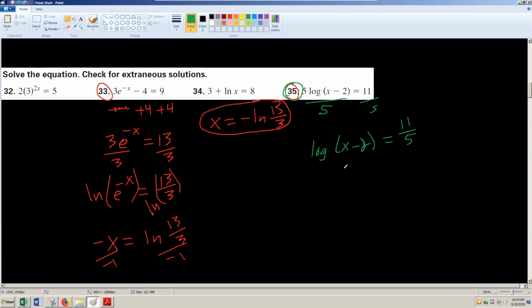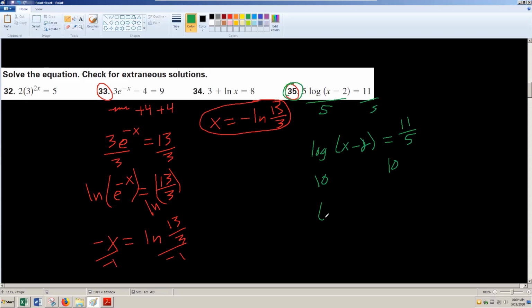From here, I want to get this thing by itself. So how do I do that? I exponentiate both sides. If you want to think about this as going from log form to exponent form, that's totally fine. We're doing the same thing, but I will describe it like this because this is usually how it clicks for people. So I'm going to do 10 raised to this thing and 10 raised to this thing. The reason I'm doing that is so that I can get rid of this log base 10 thing, right? The bases match up.